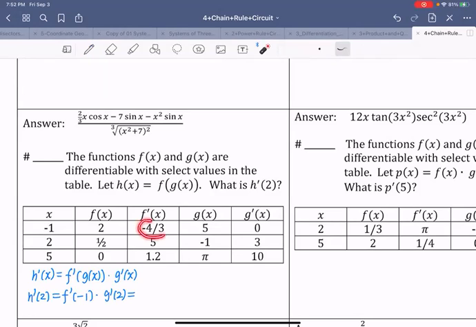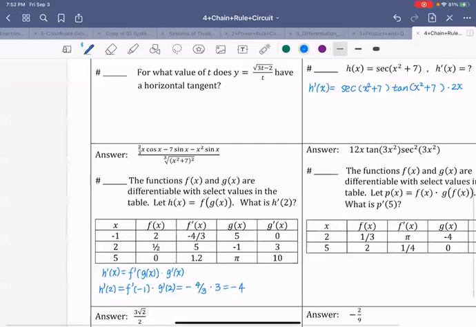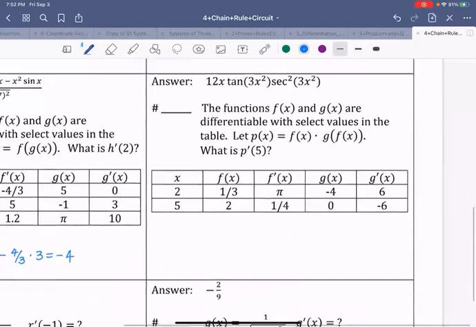So f prime -1 is here, times g prime of 2. G prime 2 is this, right? Yeah. Okay, makes sense now? Yeah.